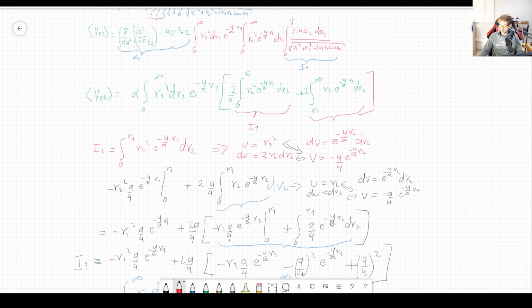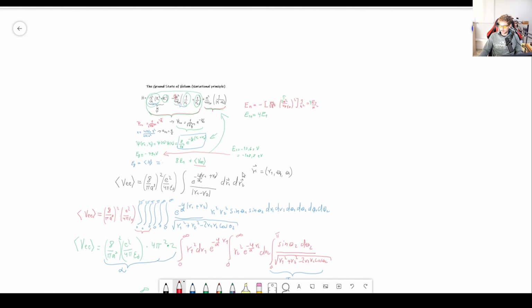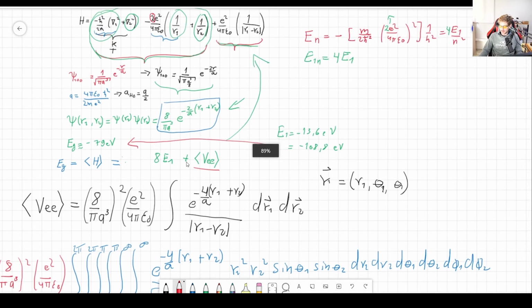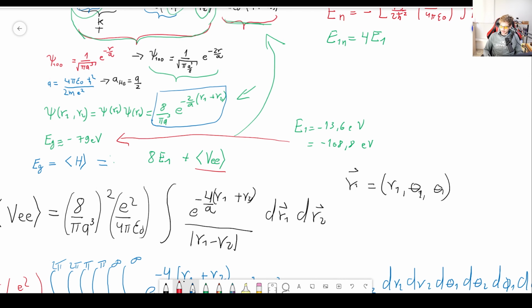So now let's go back up, quite a way up here. Before, we were talking about the fact that the experimental energy for the ground state of helium is minus 79 electron volts.